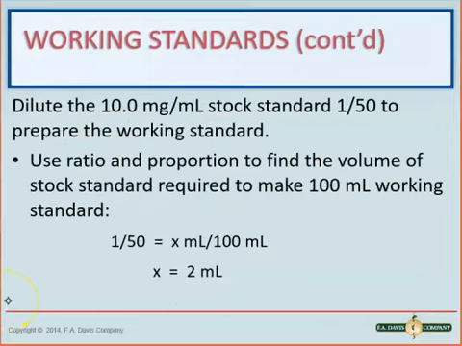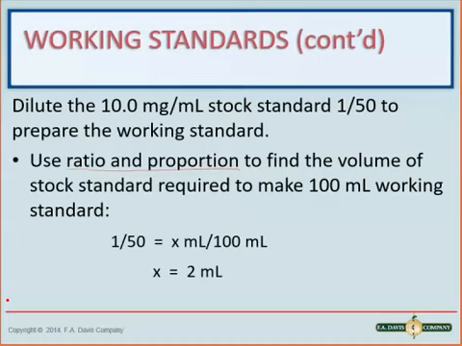Let's look at another example. Dilute the 10 milligrams per milliliter stock standard 1/50th to prepare the working standard. Use ratio and proportion to find the volume of the stock standard required to make 100 milliliters working standard. So how are we going to set that up? First thing to know, it says use ratio and proportion.